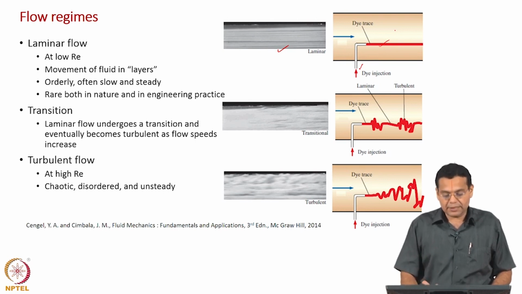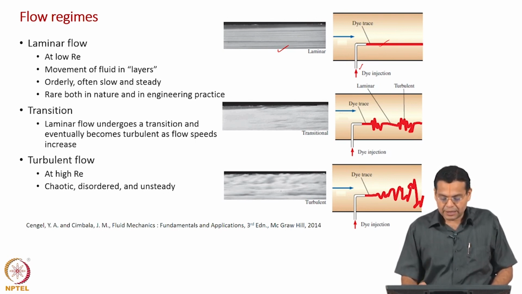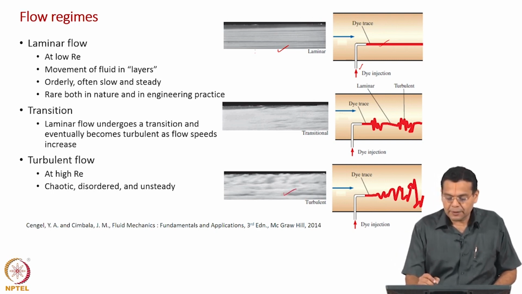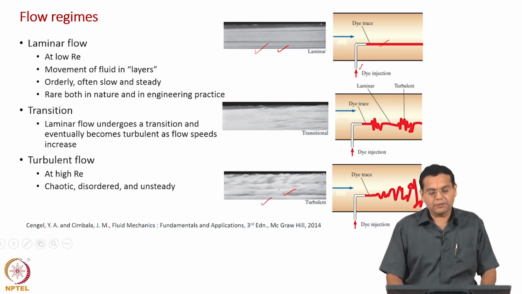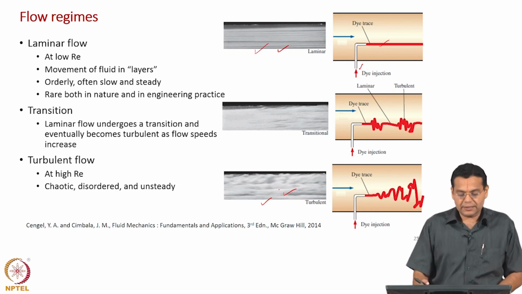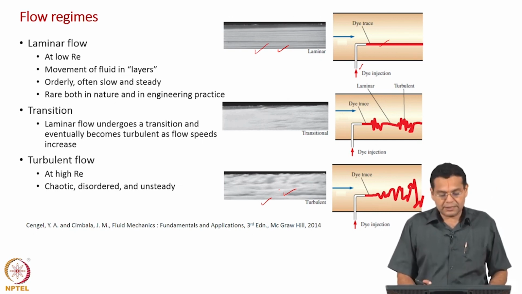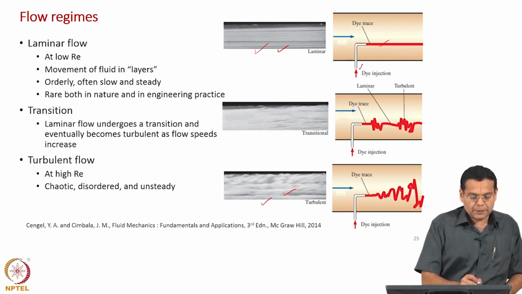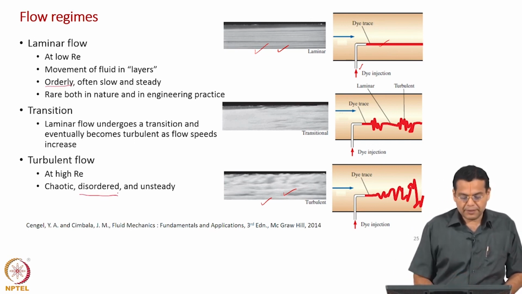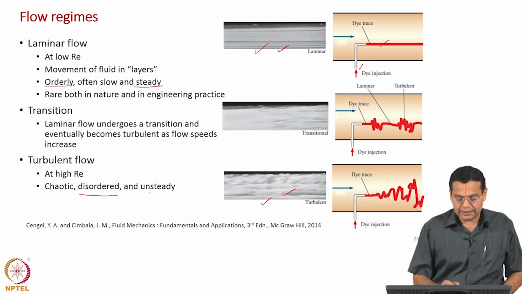So, turbulent flow is inherently unsteady, and a photograph is shown of a turbulent flow. You can see the difference between this photograph for laminar flow and this photograph for turbulent flow. The flow here is chaotic, disordered and unsteady, and look at the words, almost opposite: orderly and then disordered, and this is steady and this is unsteady.